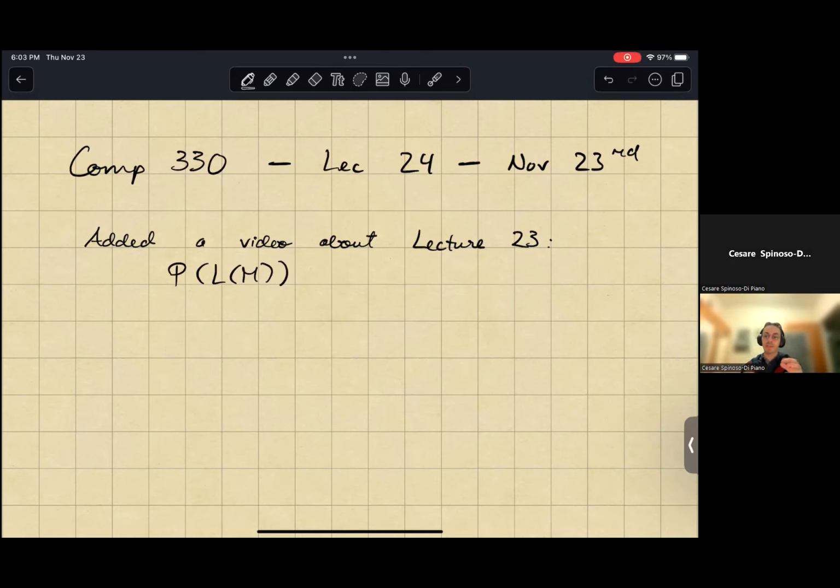But there was a bit of confusion in this notation, because I was saying that a property of a CE language should be implementation independent. Of course, if you have a property that's given a language, the property doesn't care about the implementation of the Turing machine for the language.